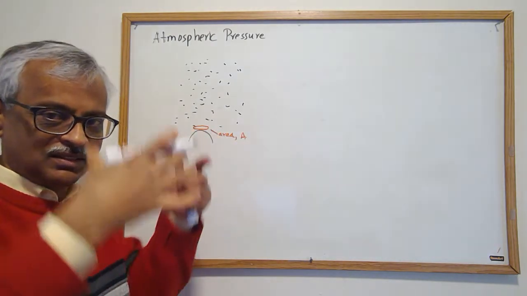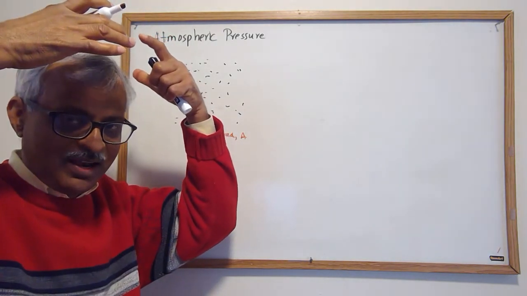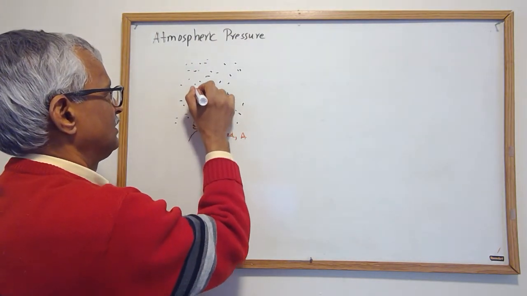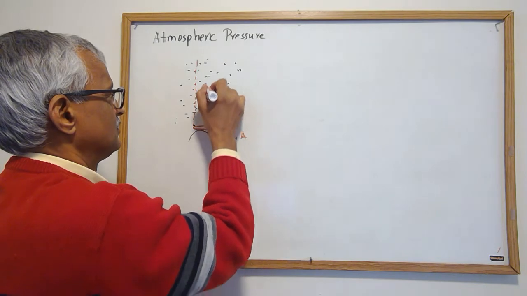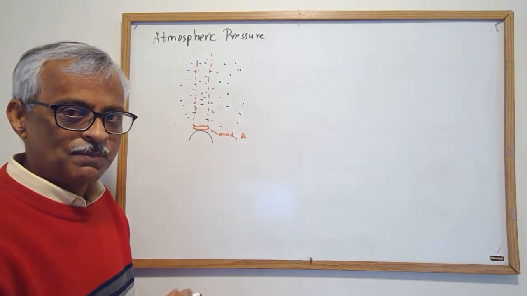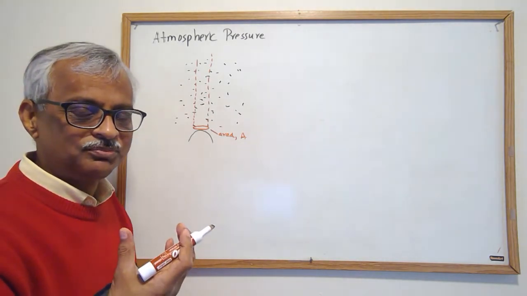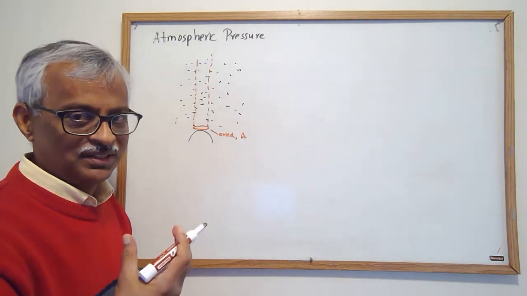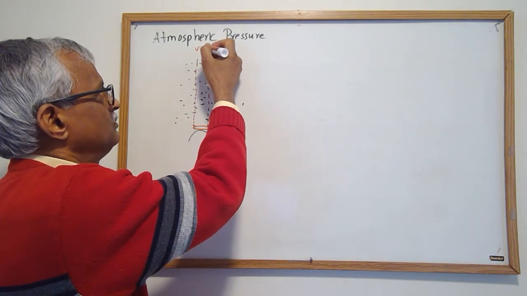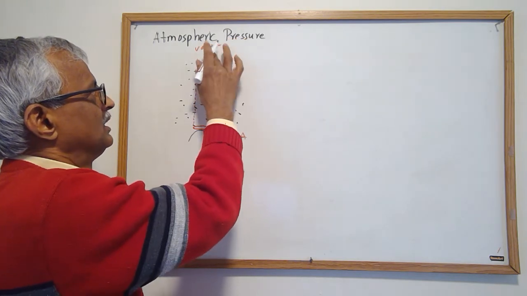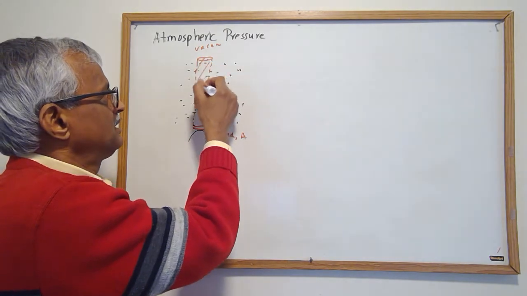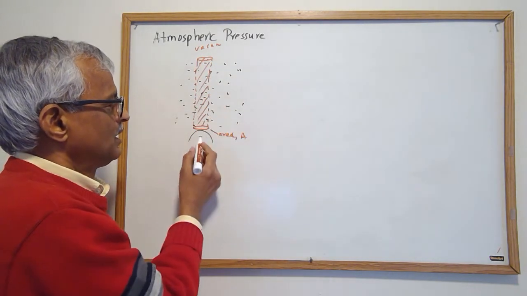So I'm imagining there is an area above my head, and we can say that all of these particles that are there form one continuous fluid. Okay, so we say over there is a vacuum. So these are all the air particles in there. So we can say the weight of these is acting on that.